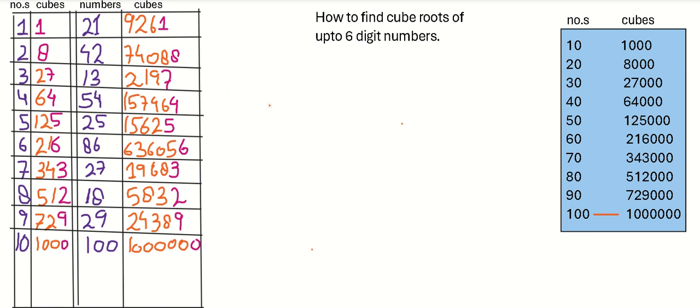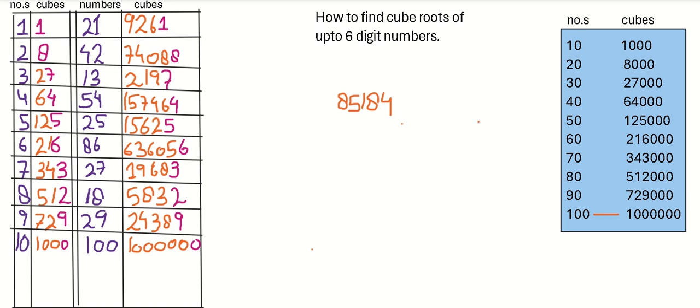So let's say we have been given a number which is 85,184, and we are told that it's a perfect cube. Can you find its cube root? And a perfect cube is simply the cube of a whole number, like 87 or 63 or 50 or something like that. Now, can we find its cube root?